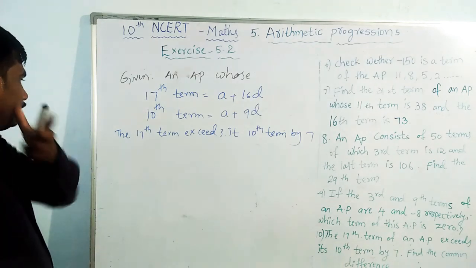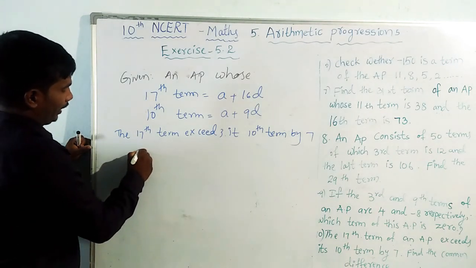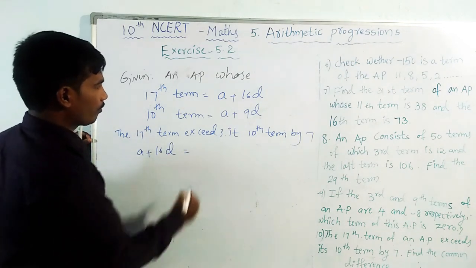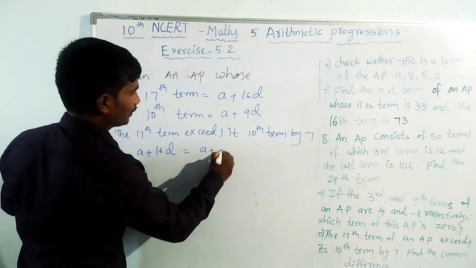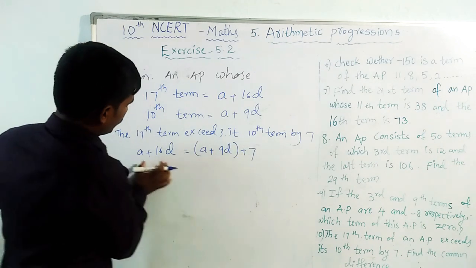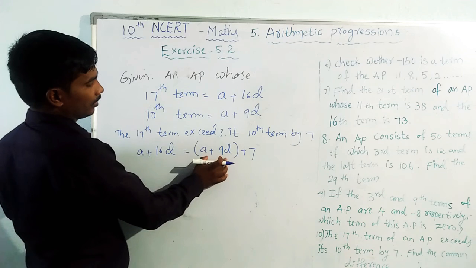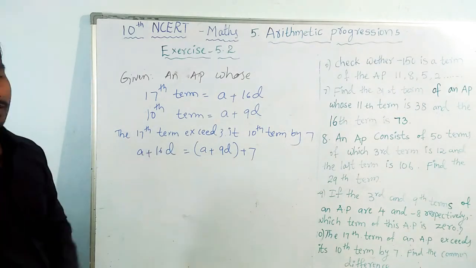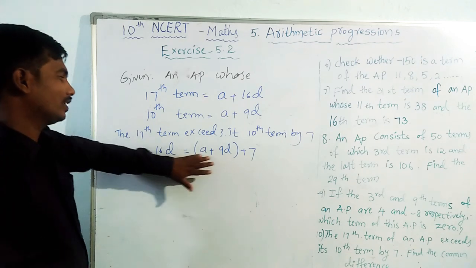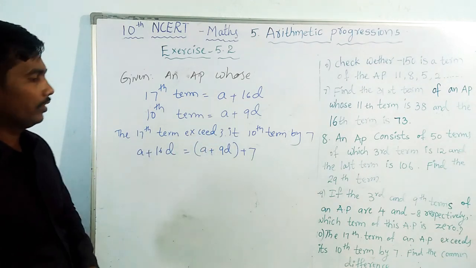So the 17th term A plus 16D is equal to A plus 9D plus 7. So the 17th term is 7 more than the 10th term. In simple terms, the 17th term is 7 more than the 10th term.